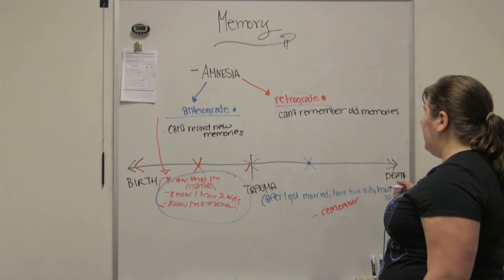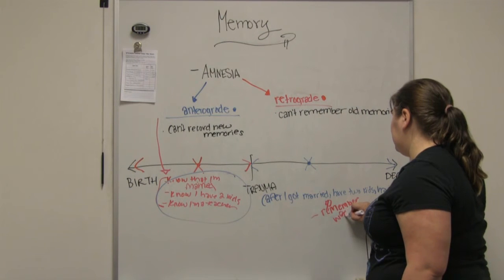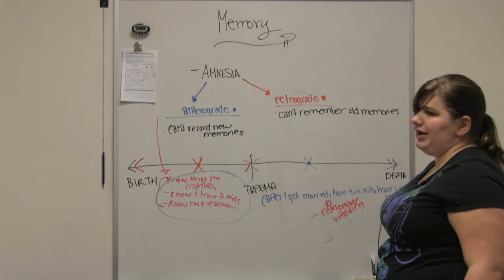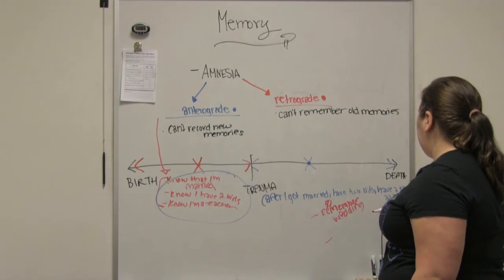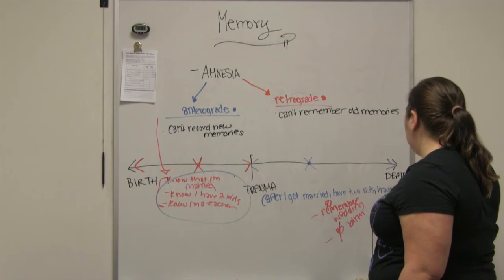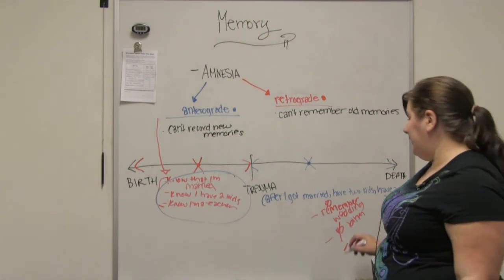So I don't remember my wedding or dating my husband. I don't remember giving birth to my 2 kids or however many birthday parties they had until I had my trauma. And I don't remember the education I got to become a teacher.